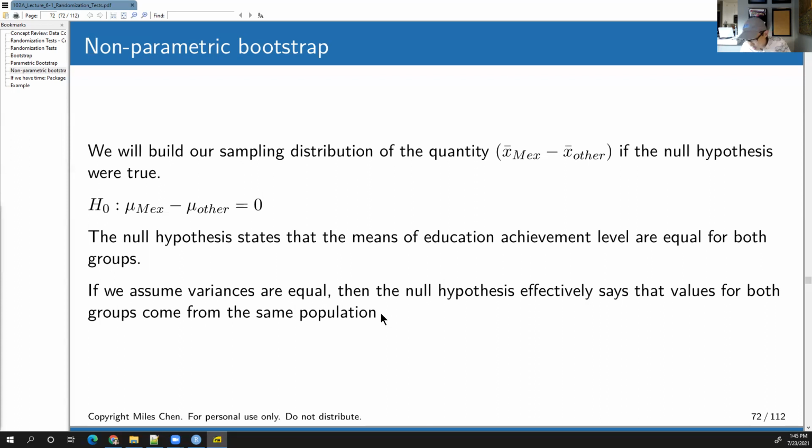We don't necessarily have to segment one group from another. That's what would be the case if the null hypothesis were true. Again, this is only in regards to this one variable, education achievement. Of course, we don't want to just say everybody's coming from the same population or group with regards to other aspects or things like that.